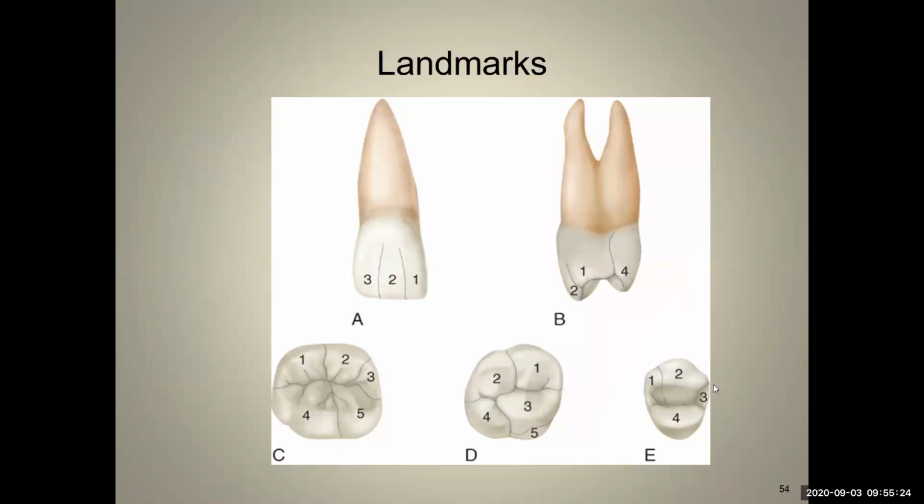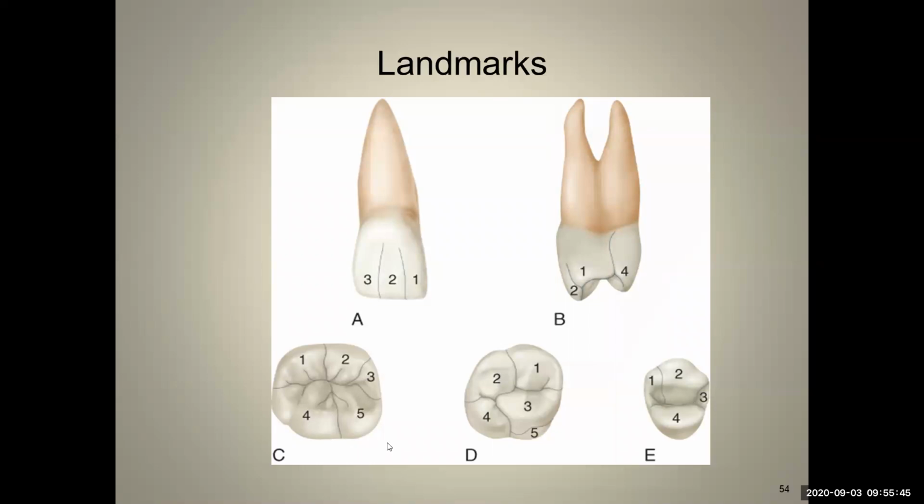This is showing you all the developmental lobes. So an incisor tooth is formed from four lobes. One, two, three form the facial or labial surface, and the fourth lobe is here. Look at this mandibular first molar.